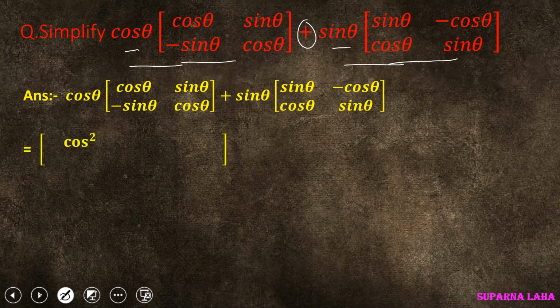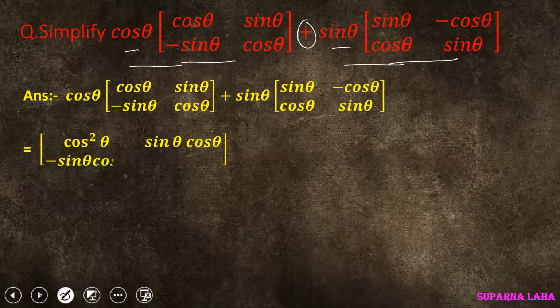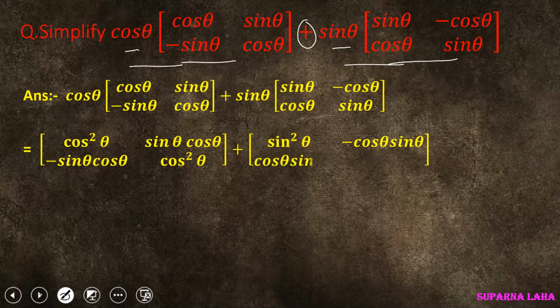So you will find this is cos theta into cos theta, cos square theta, cos theta into sin theta, minus cos theta into sin theta, and cos theta into cos theta, that is cos square theta. And the second part is given by sin theta into sin theta, sin square theta, minus cos theta into sin theta. Next element, cos theta into sin theta. Next, sin theta into sin theta, that is sin square theta.